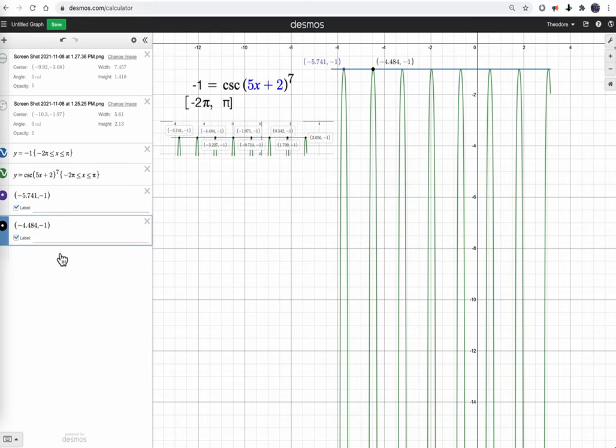Click on that label. And negative 3.227. Negative 1.971.